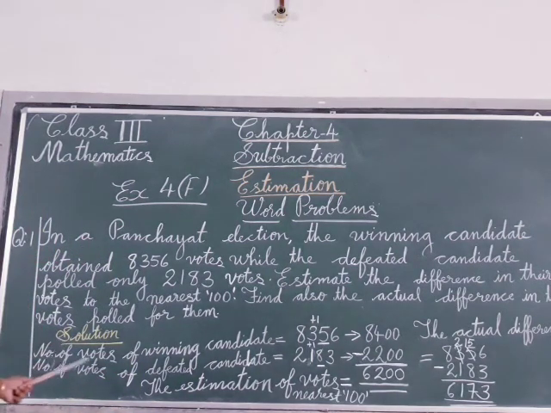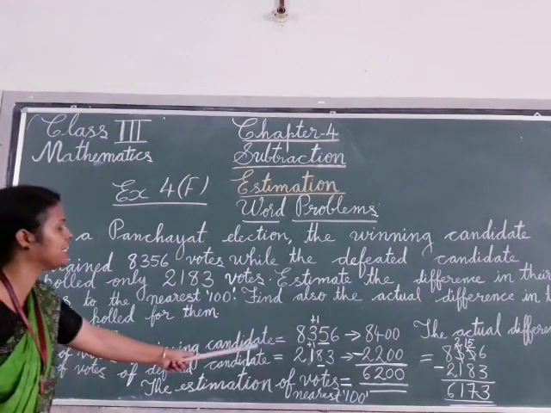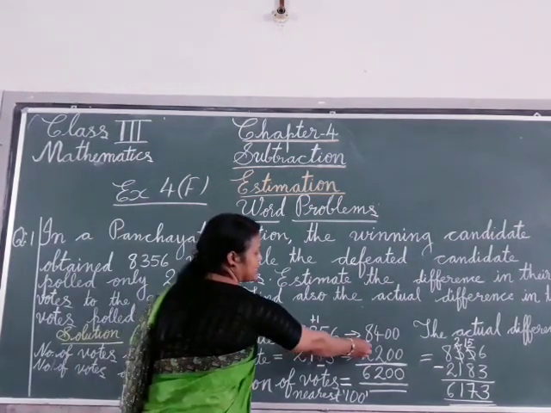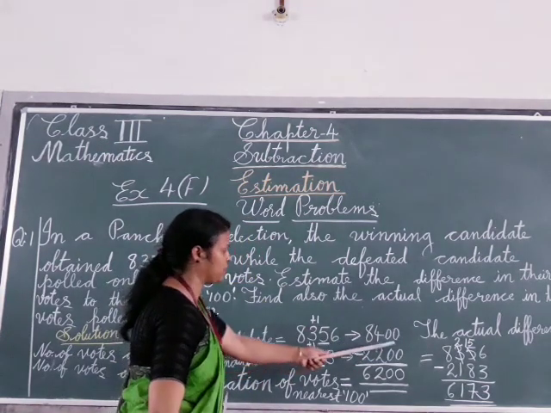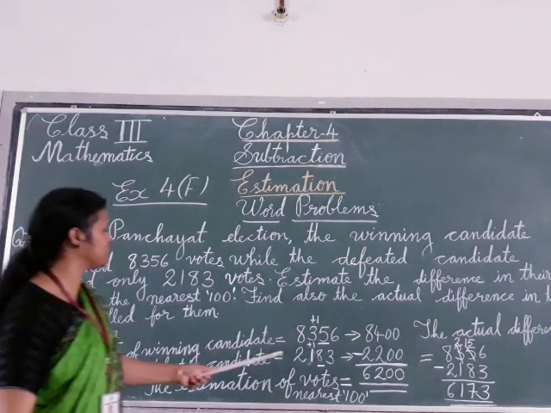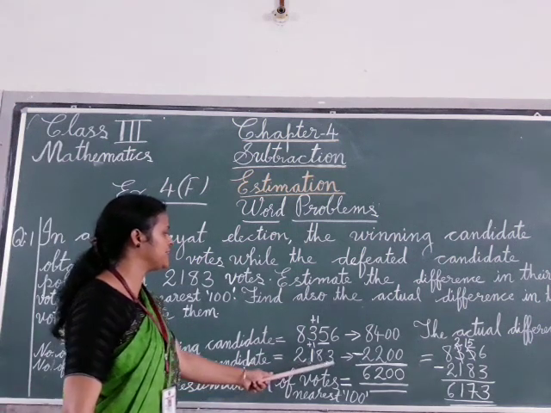Solution: number of votes of the winning candidate, 8,356. The round figure nearest 100, we are getting 8,400. And the number of votes of the defeated candidate, that is 2,183.